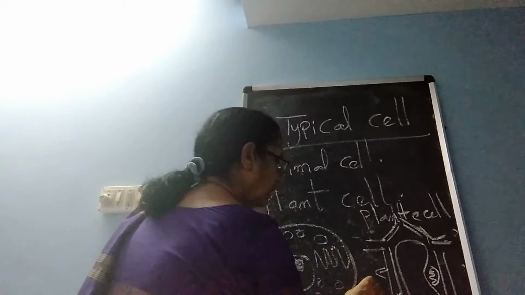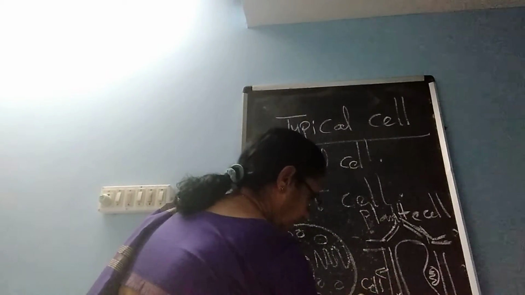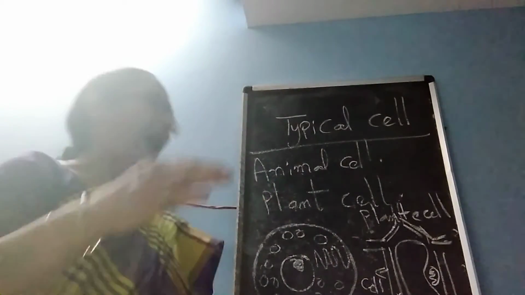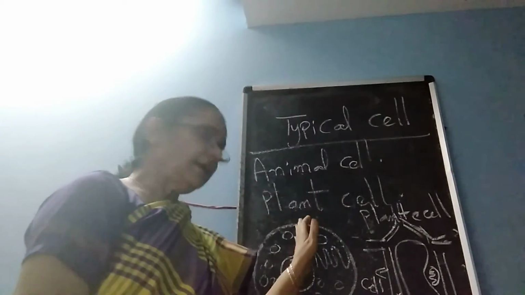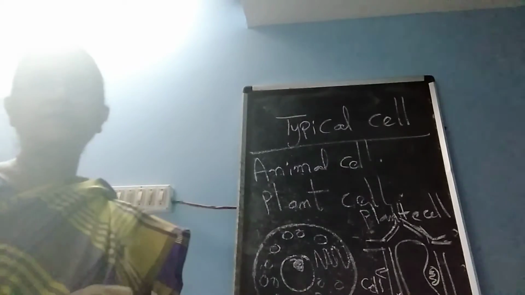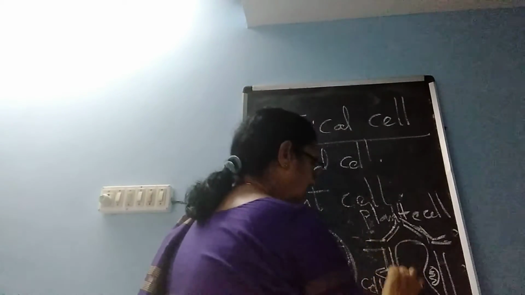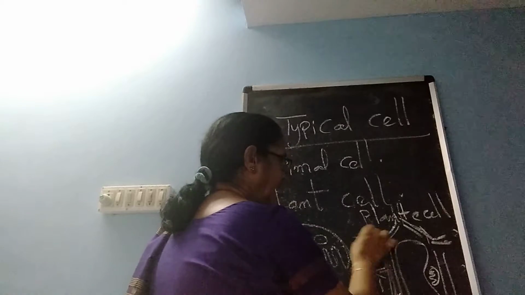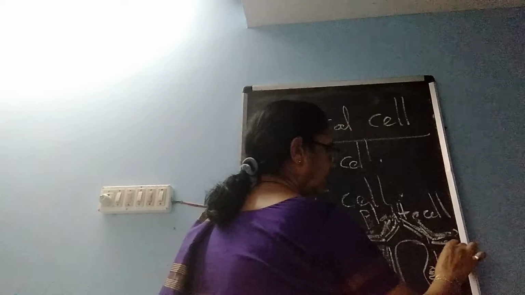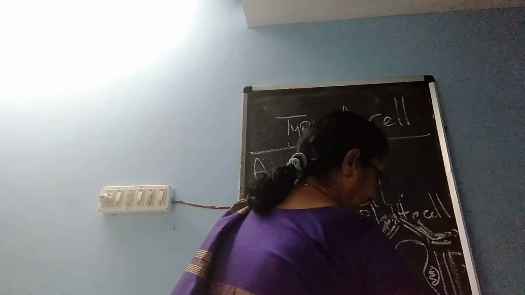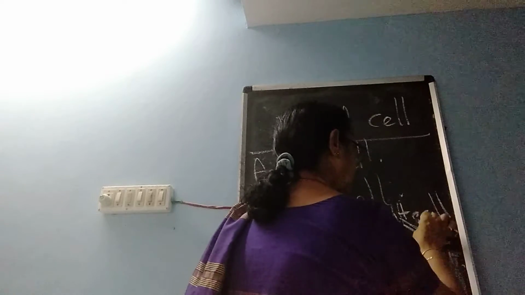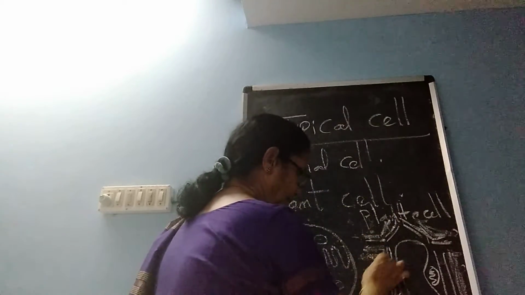This is called the cell wall. The cell wall is absent in the animal cell and present in the plant cell. This cell wall gives a definite shape to the cell. Because of this, the cells have a definite shape.